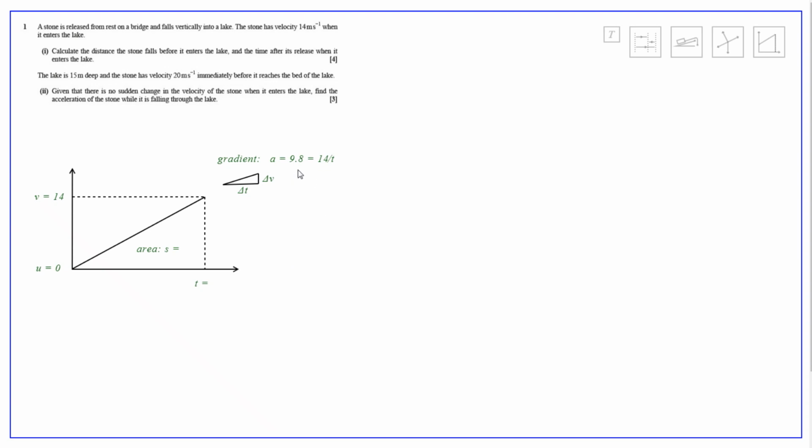So they are both equally good expressions for the gradient. So we know t is 14 over 9.8, which is 14 over 49 fifths, or 14 times 5/49ths, or 10 over 7. So now we can give them the time.